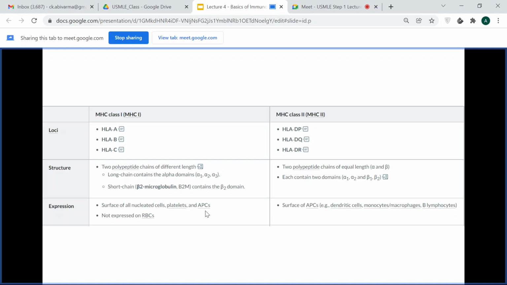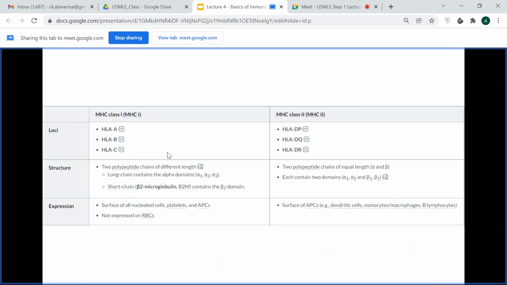So this is what I was talking about. On Amboss it did say platelets have MHC class 1, so I would still go with this one. But I know where you're coming from when you say platelets do not have nuclei. MHC class 2 again is only on the surface of some antigen presenting cells like dendritic cells, macrophages, and some B lymphocytes.